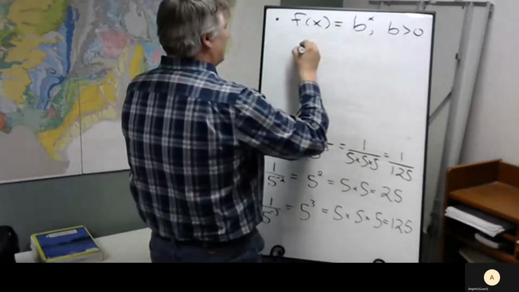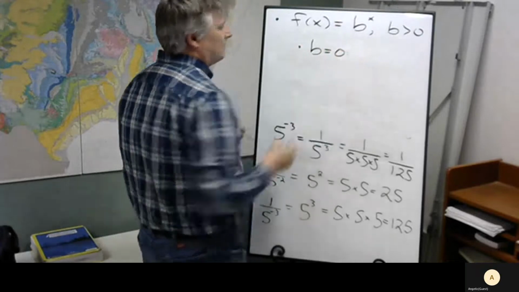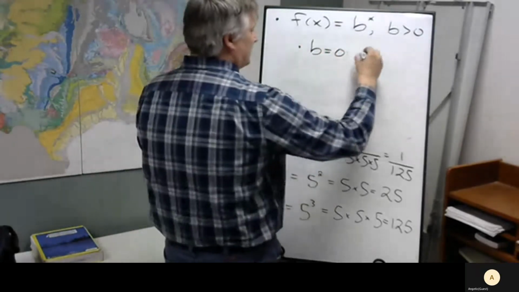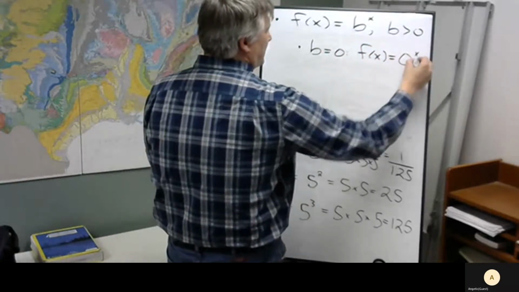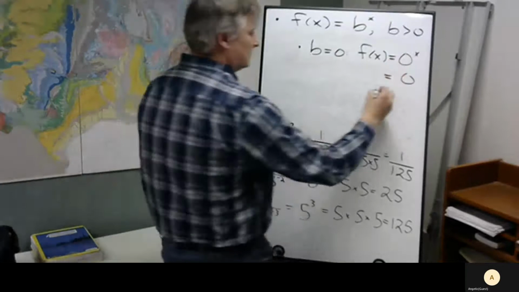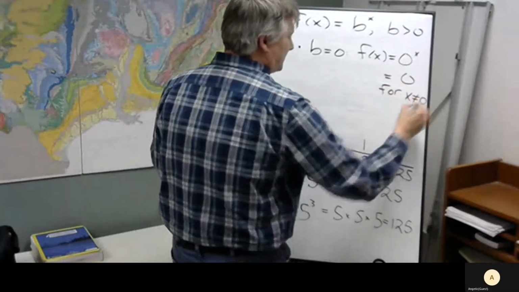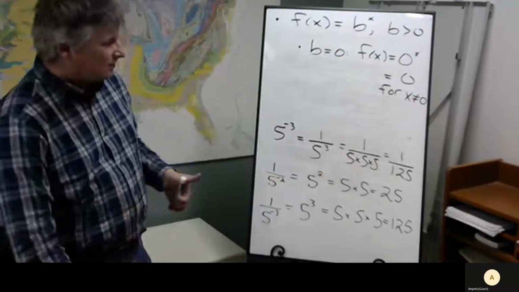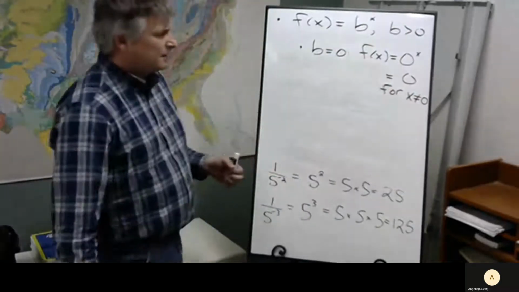Well, let's say we have b equal to 0. In this case, f of x would be 0 to the x, which is just going to be 0 for x not equal to 0, which is not a terribly exciting function.